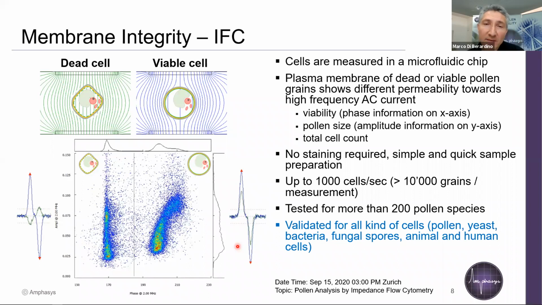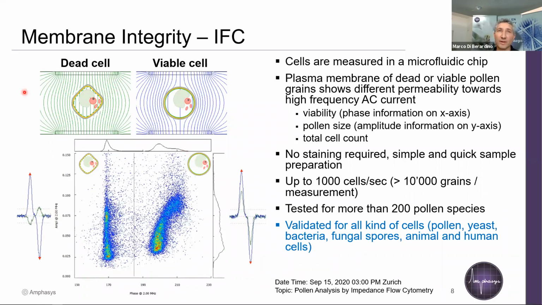Impedance flow cytometry also takes advantage of the membrane integrity for discriminating dead cells from viable cells. Philip has already explained the measurement principles in the previous webinar, so I won't go into the detail. I will just make this complex story short by telling that we are analyzing the cells in a microfluidic chip at high speed.